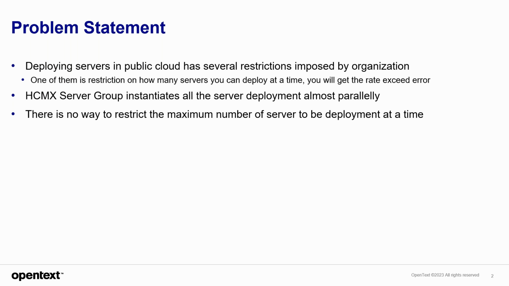On public cloud, you can create any number of servers you want, but that is very costly. So usually organizations impose restrictions where you can only deploy a certain limited number of servers at a time. They don't want to bombard with so many servers all in one go.